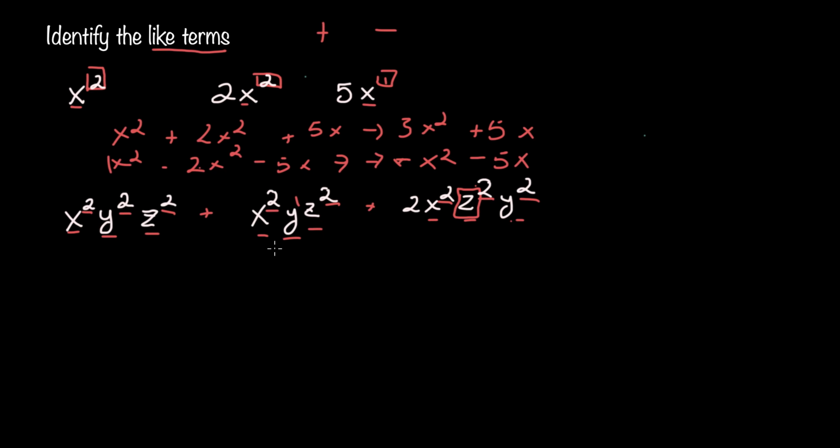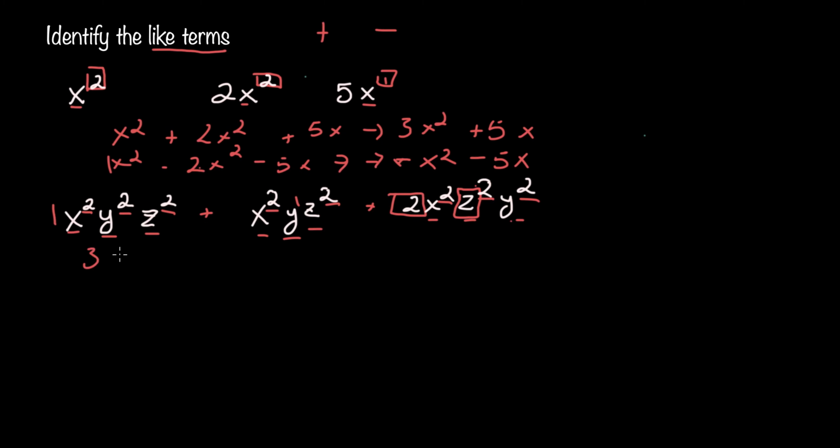And the rule is, in order to collect like terms, we have to have the same variable as well as the same exponent. So let's try adding these terms together and see what our result is. So x squared y squared z squared, and then this one also has a coefficient of 2. So if we add one of these, remember there's an imaginary 1 right here, we're going to get 3.